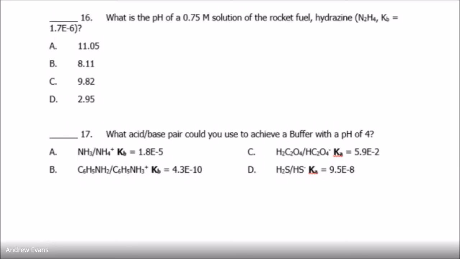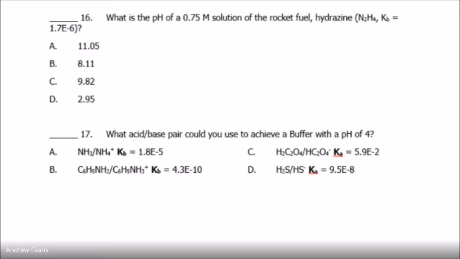The negative log of C's Ka, 5.9 times 10 to the negative second, is 1.2. Is that within 1 of 4? No. What about D? Negative log of 9.5 times 10 to the negative 8. That's 7. That's not within 1 of 4.